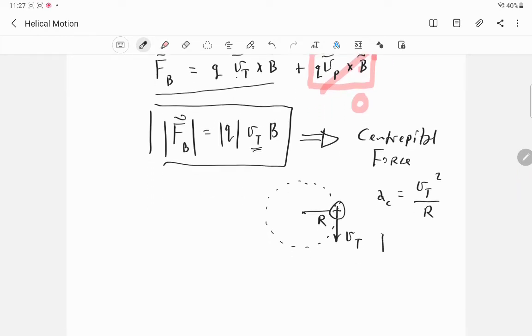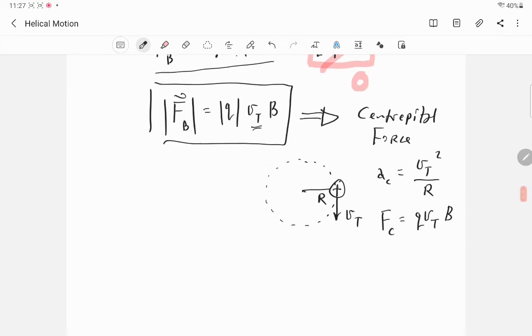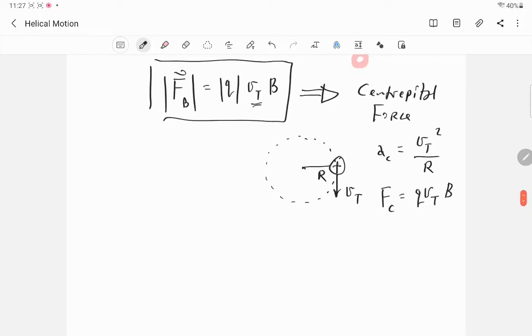And the centripetal force is given by Q V transverse B, right? So this describes the circular motion, but there is still an unaccelerated drift.